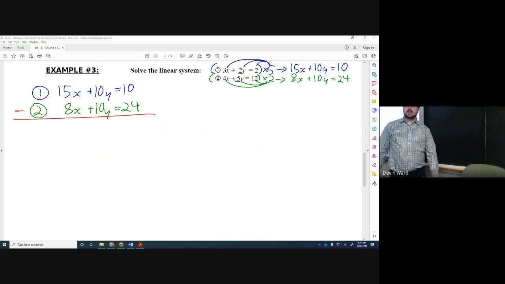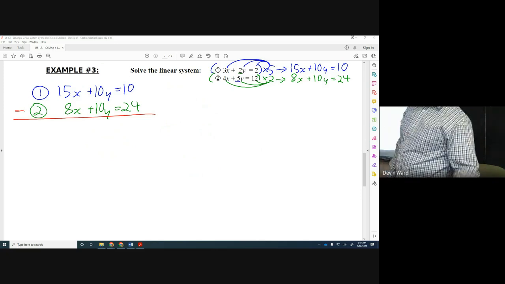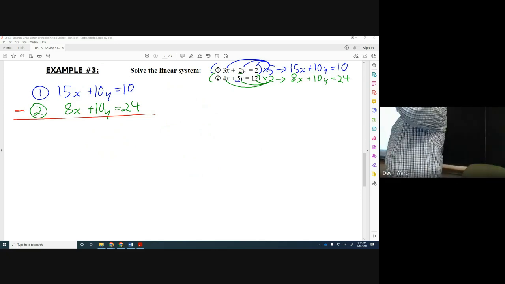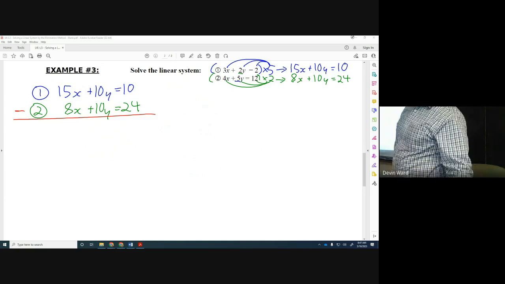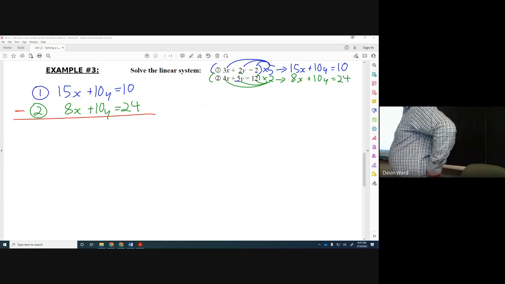Okay, and now we want to subtract them. Okay, so give it a try on your own. I'll be around to help out.